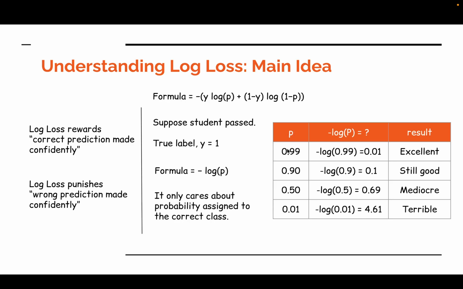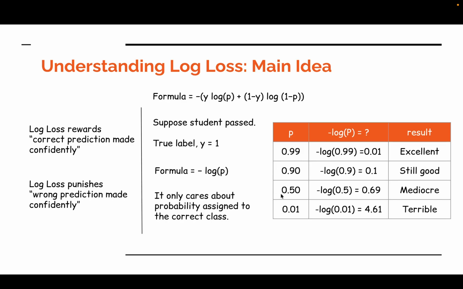So if we have a probability score of 0.99, we have a log loss of 0.01, which is excellent. In terms of thinking of prediction for this specific class, this is a pretty good log loss and we get a result of excellent. For 0.90, we get a log loss of 0.1 and the result is still good.